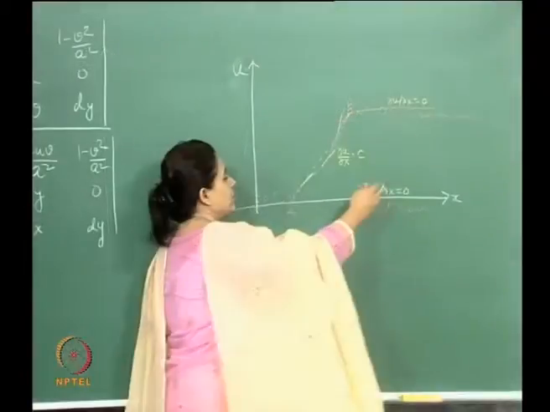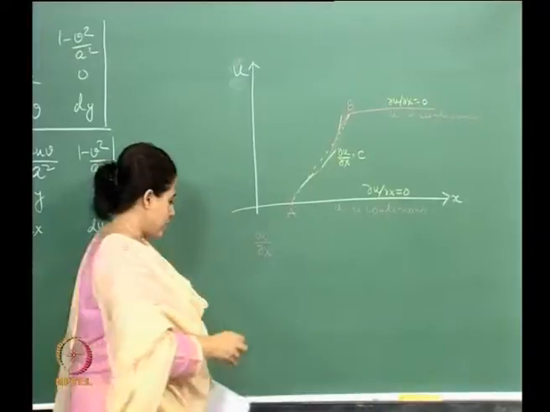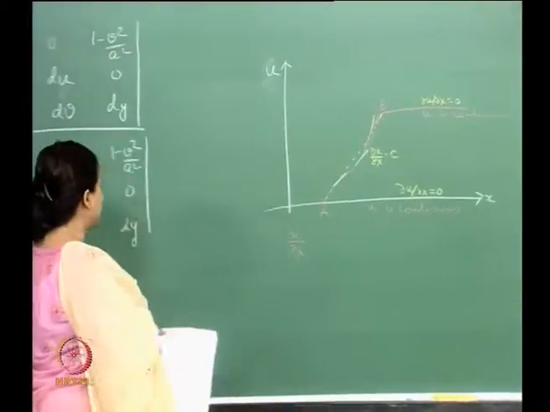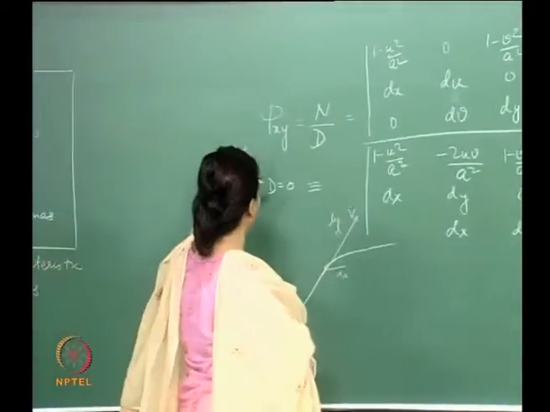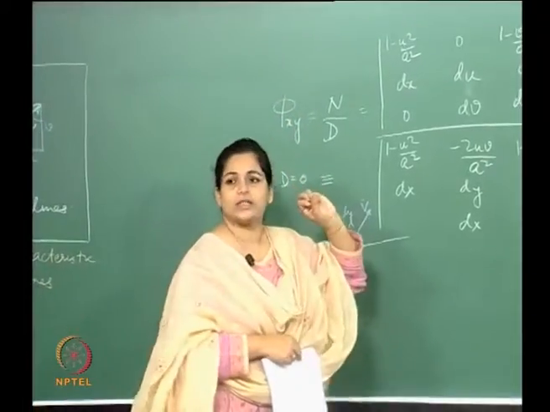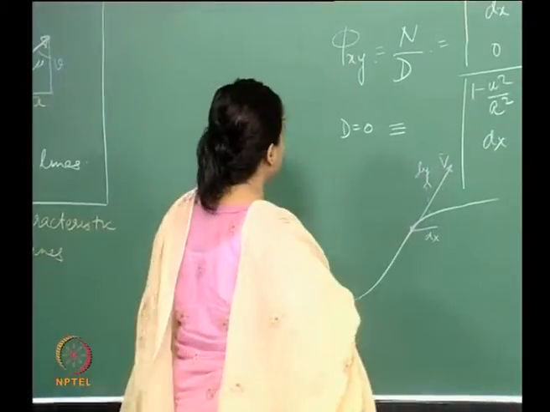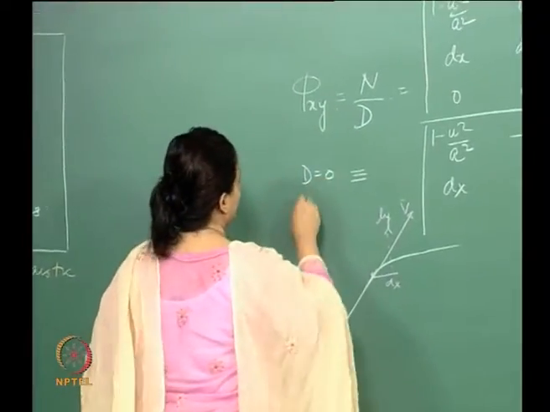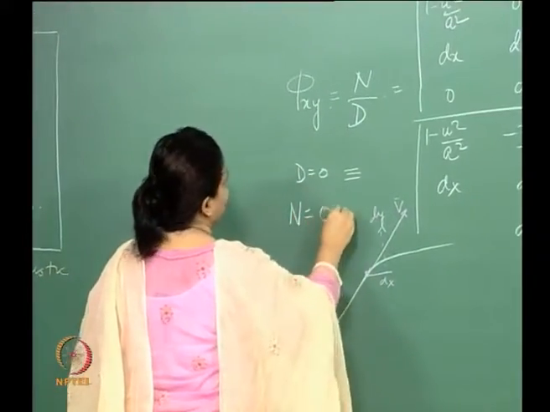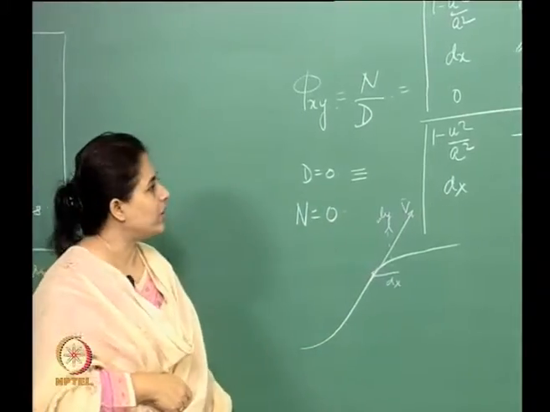So, for my derivatives to be at least finite, it has to be at least a 0, and to enforce that I have to make n equal to 0. You understand what I am doing here?